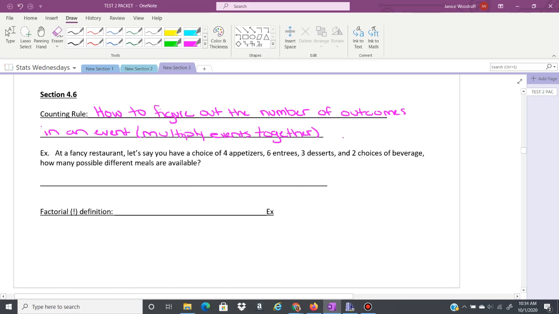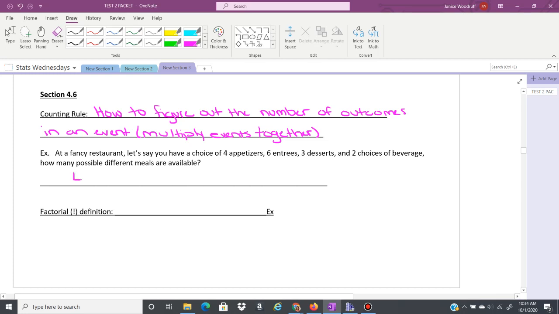So for example, we want to look at a fancy restaurant. You have a choice of 4 appetizers, 6 entrees, 3 desserts, and 2 beverages. So how many possible different meals can you make? How many combinations of this can I make? What you're going to do is just multiply.